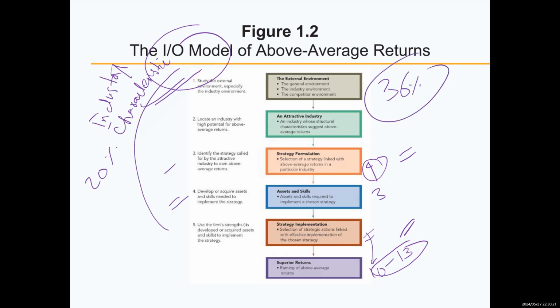So overall, this indicates that a reciprocal relationship between industry characteristics and firm's strategy exists that results in firm's performance, right? So it is proven, backed by many researches as well, right?